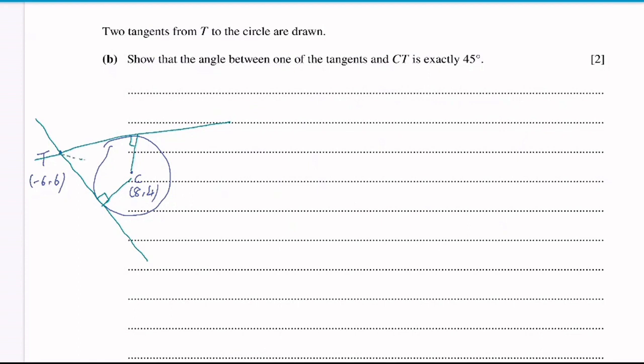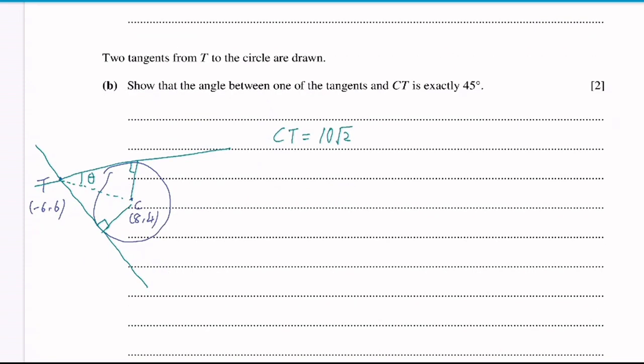So we can make use of this and split that into two similar triangles. Let's call the angle theta. It's very easy for us to find theta, because earlier we found that CT is 10 root 2.